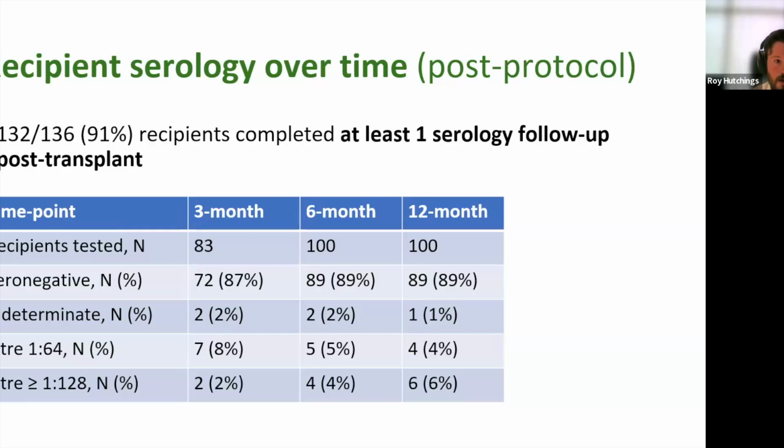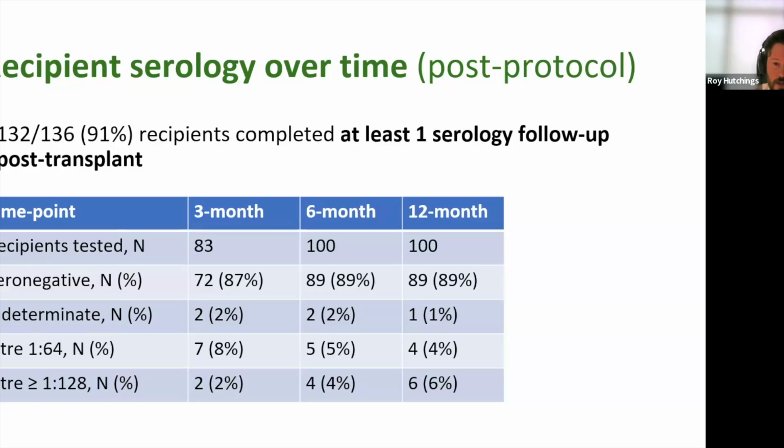Most importantly, nearly 90% of recipients of unhoused deceased donors had no serology develop against Bartonella, no evidence of exposure. But a somewhat high proportion developed a low-level serology, at least 1 in 64 titer.